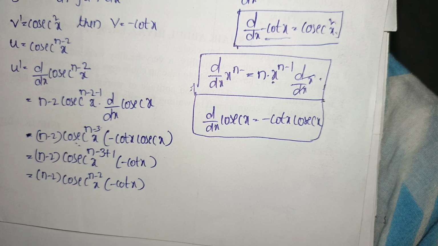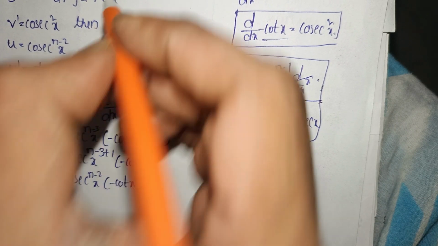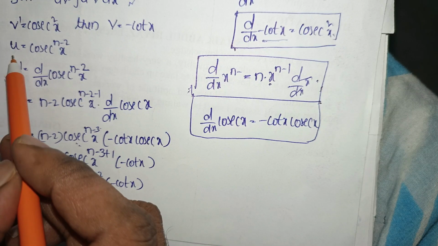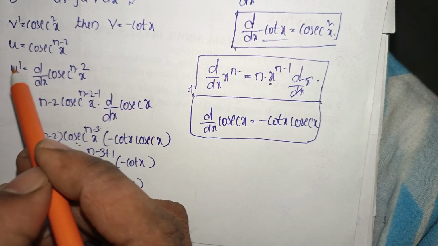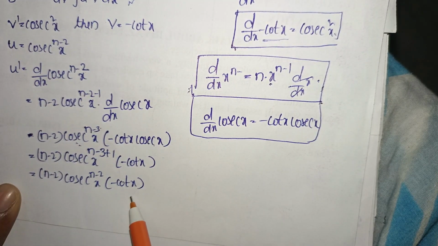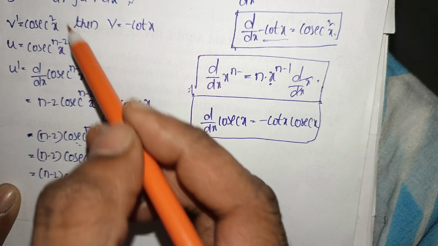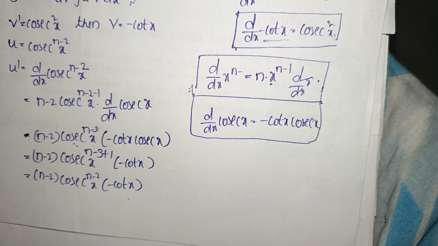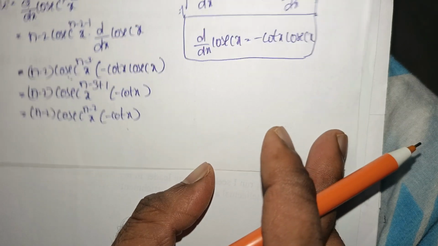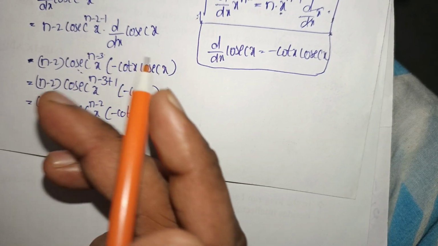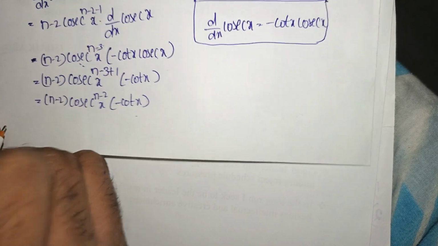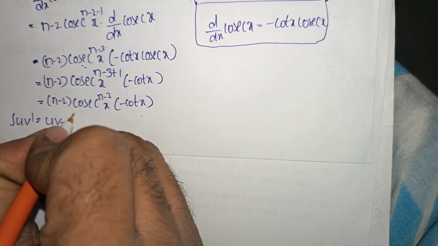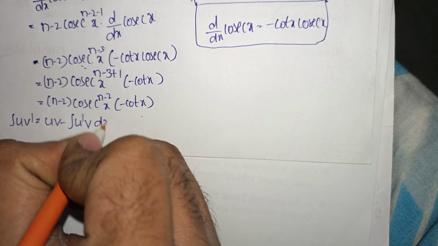So this is u dash. Now simply substitute everything in this formula: we substitute u, v, u dash, which is this, and then v, which is minus cot x, and dx, and then evaluate the problem. So I'm writing it here. uv dash is equal to uv minus integration of u dash v dx.